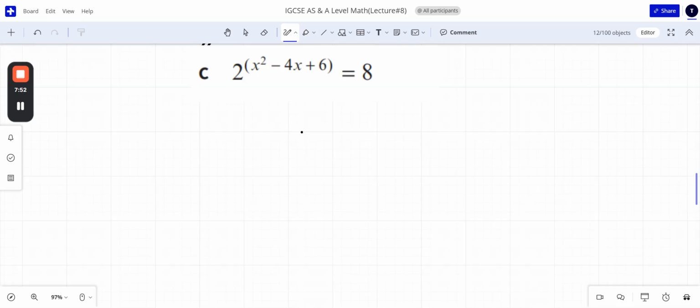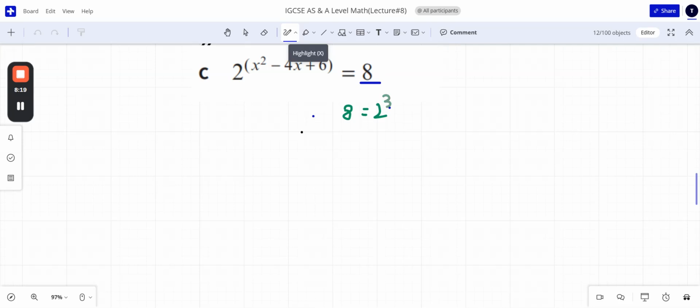Part C is 2 to the power x squared minus 4x plus 6 equals 8. So here again we can equate the exponents if the bases are the same. We can make the same bases if we change 8 to a power of 2. So 8 equals 2 power 3.